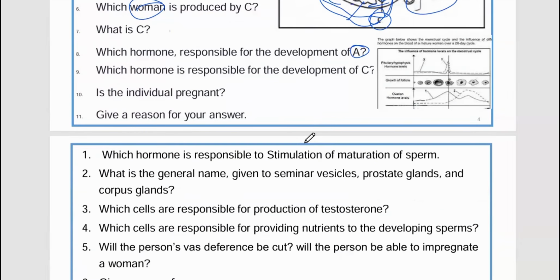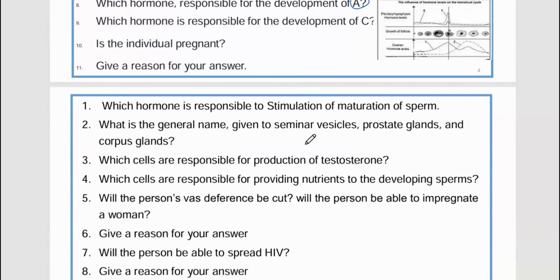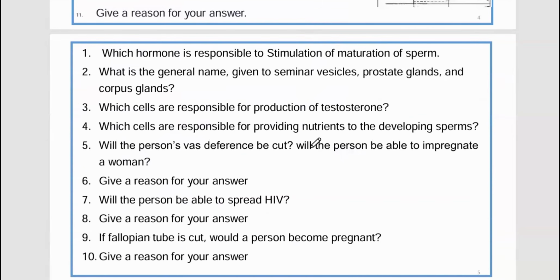So you have to get those marks. Then we go to the male. Which hormone is responsible for stimulation of sperms? We said this is testosterone. What is the general name given to the seminal vesicle, prostate gland, and Cowper's gland? We said we call them accessory glands. Then which cells are responsible for production of testosterone?